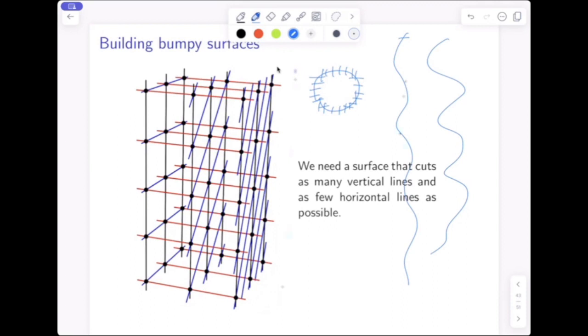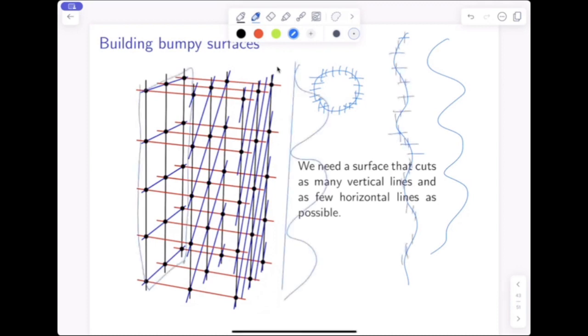The problem is that you can see from the picture that if you start with this vertical plane and then you try to add bumps to this, I hope you can tell what I mean, if you start adding bumps to make it cut more vertical lines, then that's also going to cut more horizontal lines, because these horizontal lines are going to cross through those bumps.